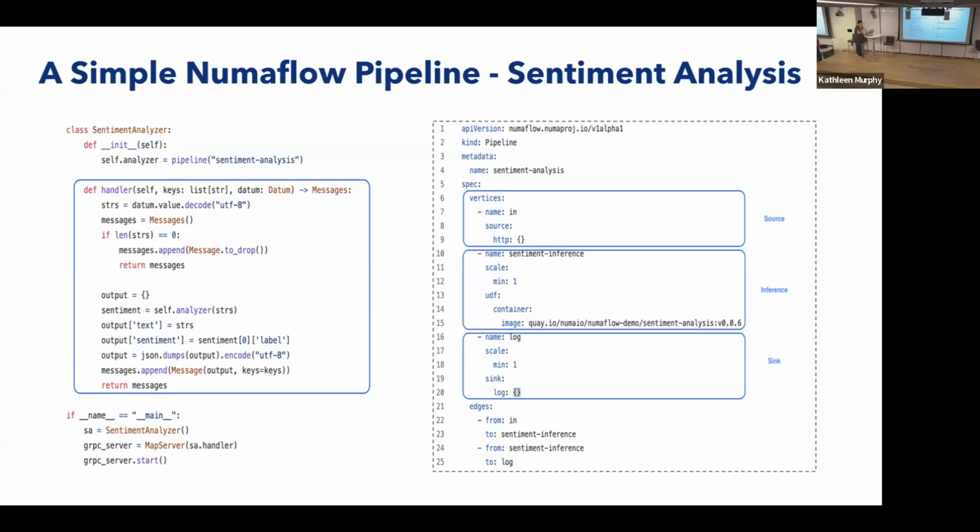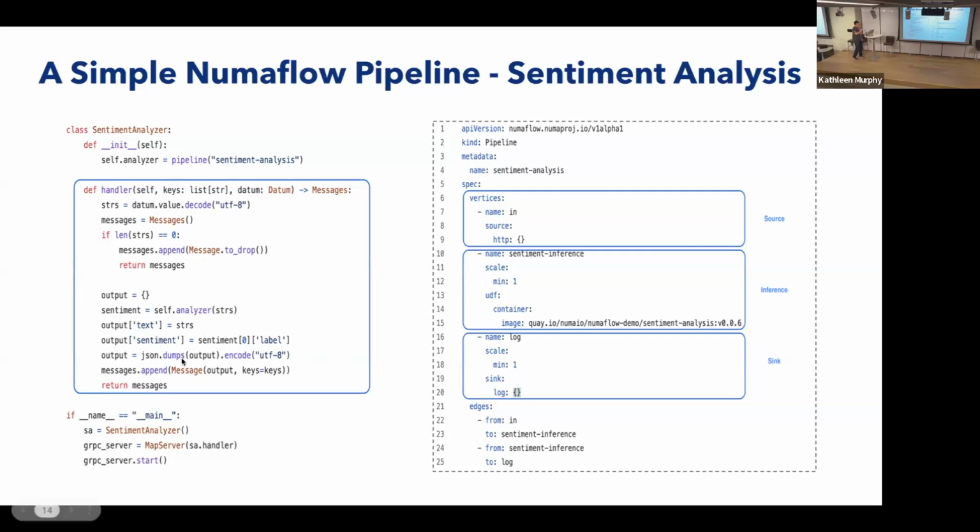Within the function implementation, you get some binary from the datum, which is expected to be a string, so you convert it to a string and do a check. If the string is empty, you drop it. Next, you call a Hugging Face model to do the sentiment analysis and output the result as a JSON string with two fields: text, the original string, and sentiment. And then you return the message.